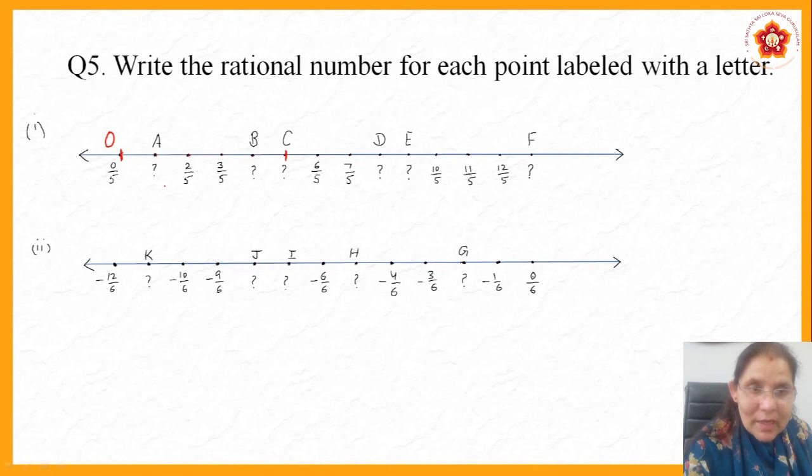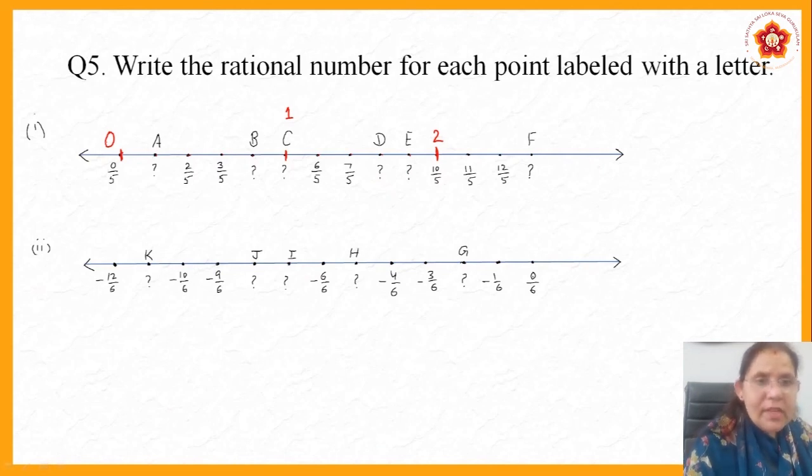You have to identify it from the denominator of the rational number. Then let's see. So this point C would be 1. Now let's see where would be 2. 5 equal parts. 1, 2, 3, 4, 5. This point is 2. And 10 by 5 is anyway 2 only.